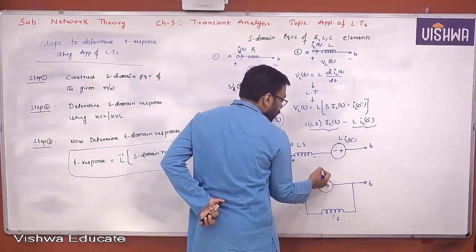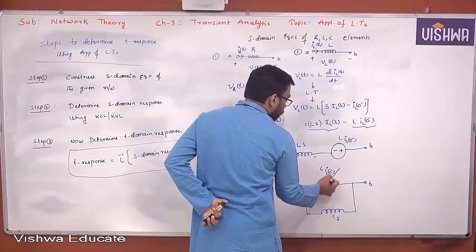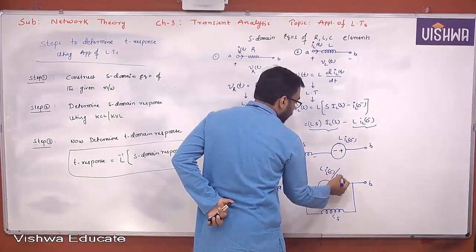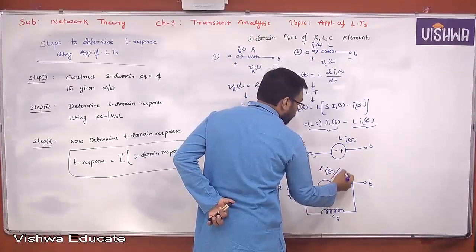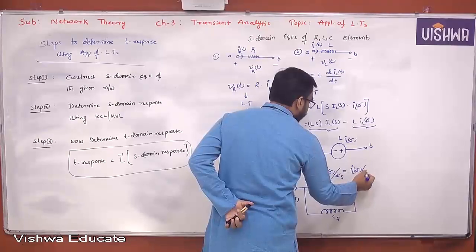L into IL of 0 minus divided by LS. L gets cancelled. Finally, you are left with IL of 0 minus by S.